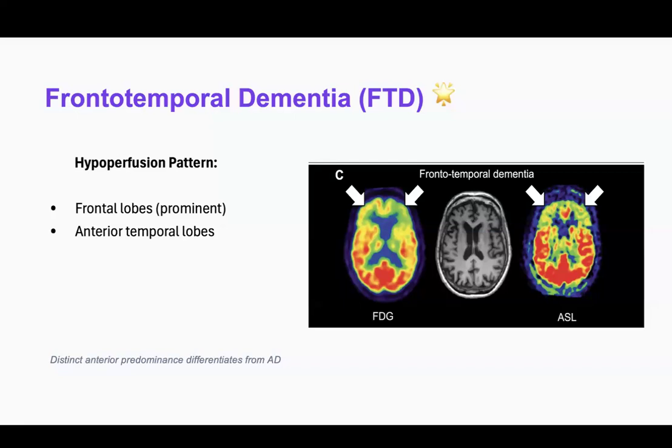PET will show MCI with decreased uptake. What is the ASL position? In which one, madam? MCI, mild cognitive impairment. I have a study, madam, I have slides for that.